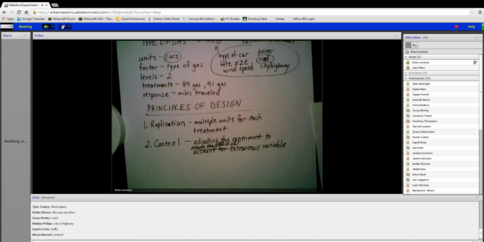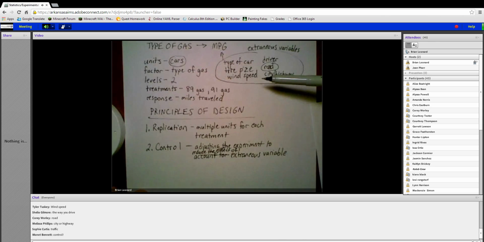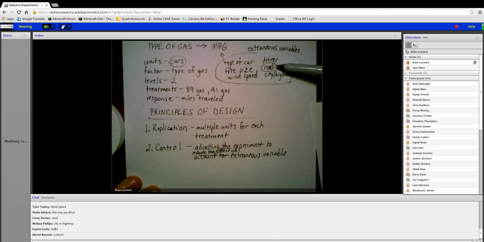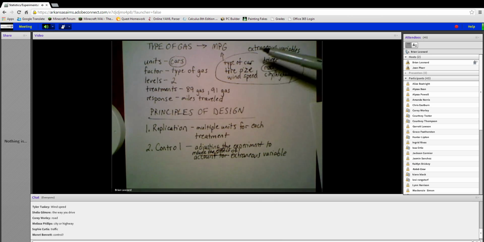That's kind of the goal. So if we look at these, we can control for a lot of these, right? We can control for driver. We can make the same driver do the experiment every time. We can control for the type of car. We can make sure it's the same car. We can make sure the tires are all the same. Wind is a little harder. We could try and make sure we go at the same time of day in hopes that that would control. City versus highway, we can control for a lot of that, okay?